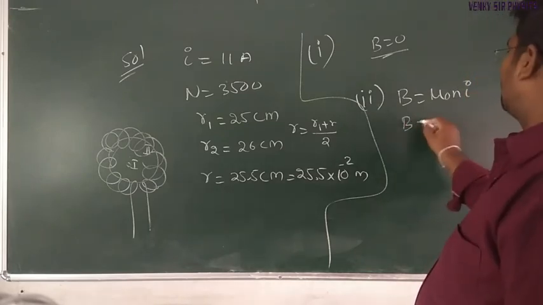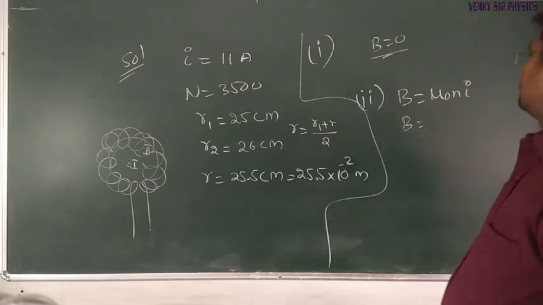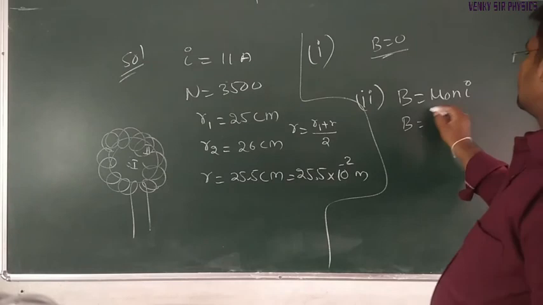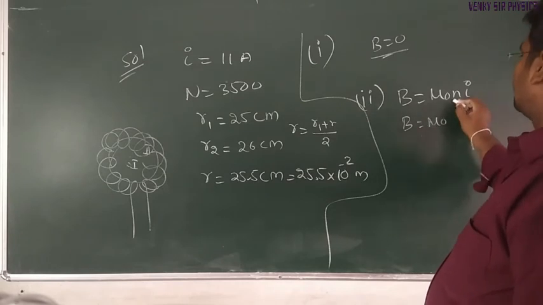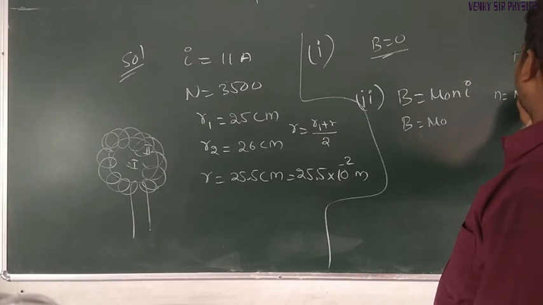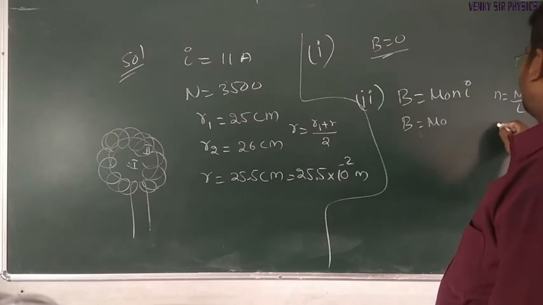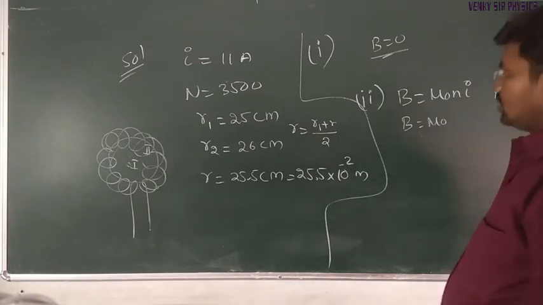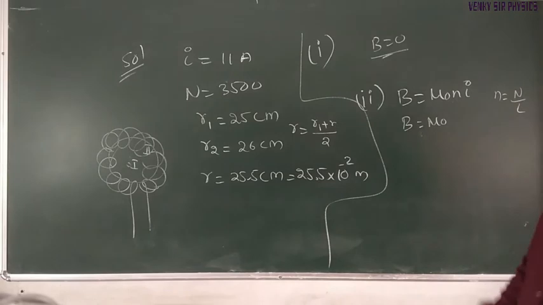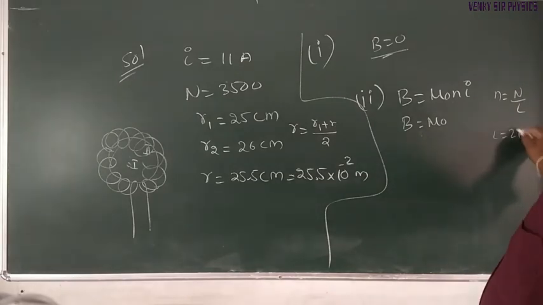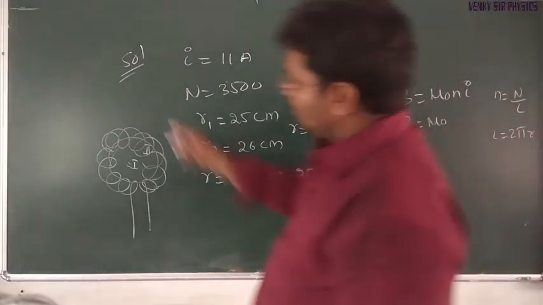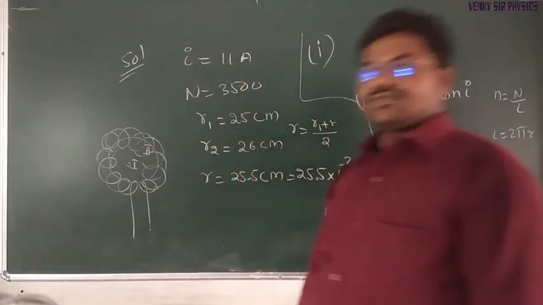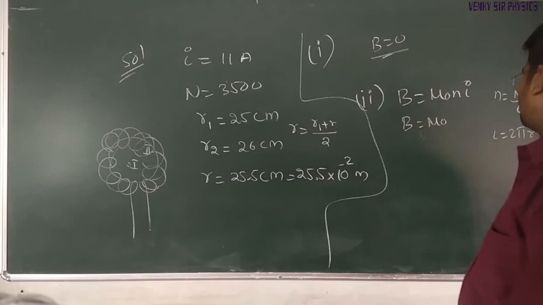B is equal to mu naught into n, the number of turns per unit length. The length of the toroid is L is equal to 2 pi r, because the length of a circle, the circumference of the circle, is given by 2 pi r.